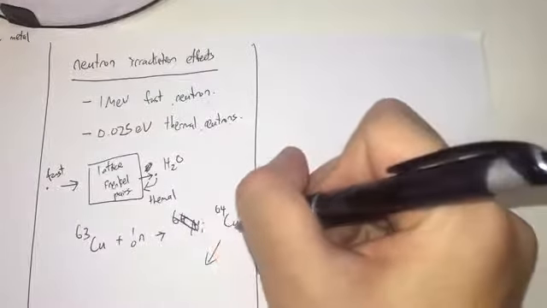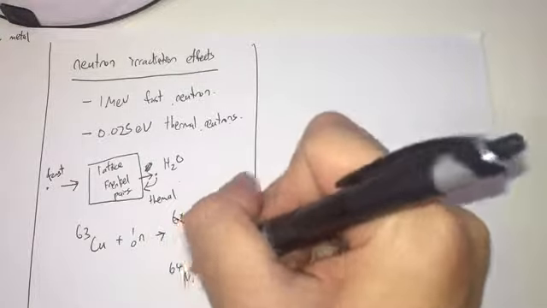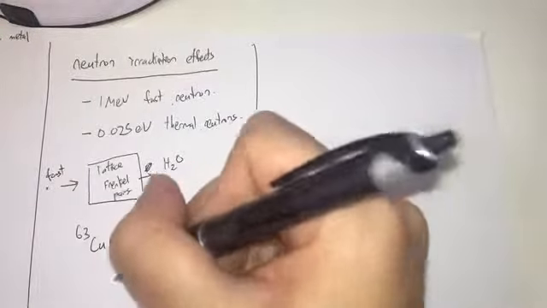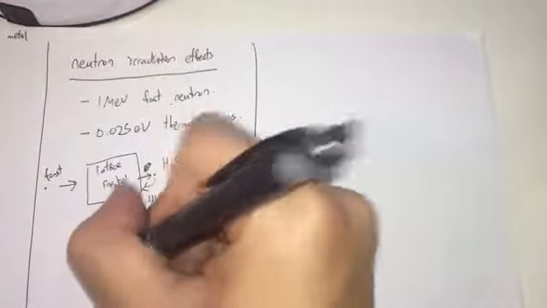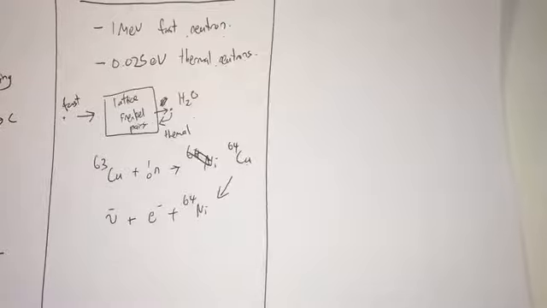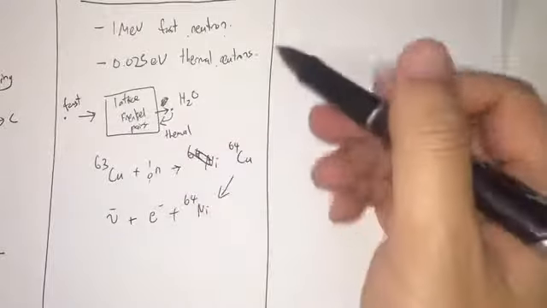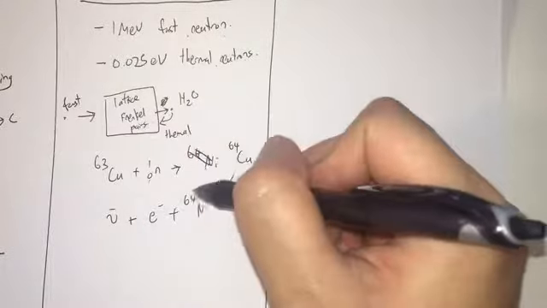So now this will decay into nickel 64 plus an electron plus an antineutrino. So this is just a beta decay. If you're not sure, you can go look it up. But basically, when copper absorbs a neutron, the overall effect is that it forms a nickel.